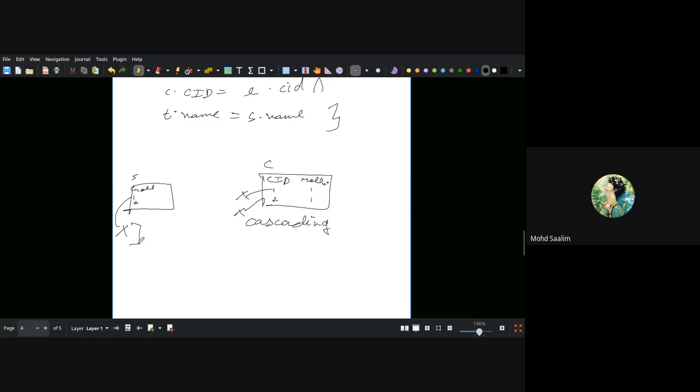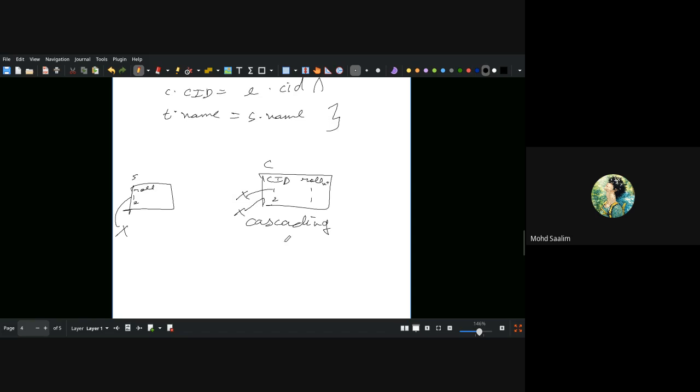I am deleting only this, but because this one is matching the foreign key 1 and 1, our SQL will relate it. If we added the referential integrity cascading, then our SQL will automatically go and delete these two rows. As simple as that, nothing complex happening here.